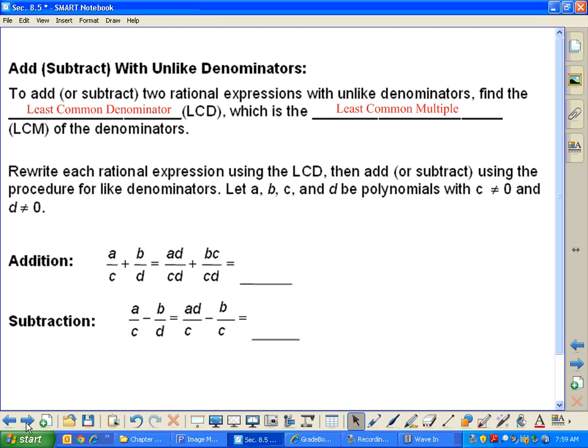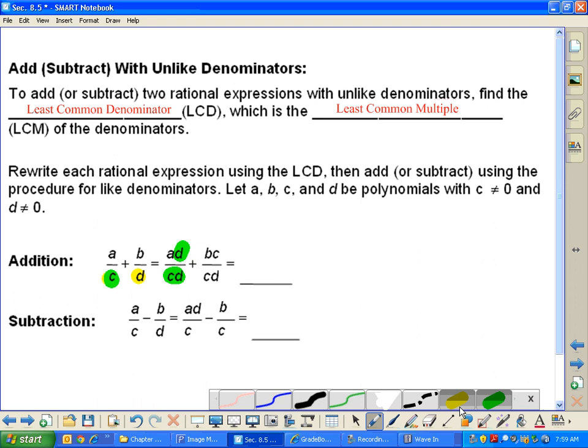So how this comes to look, you might see that initially the denominators were not the same. So they just multiplied the C times the D to get the least common multiple. And then you'll see that if they wanted to turn the C into CD, they had to multiply the top and bottom by D. And then this happened also with our CD here.